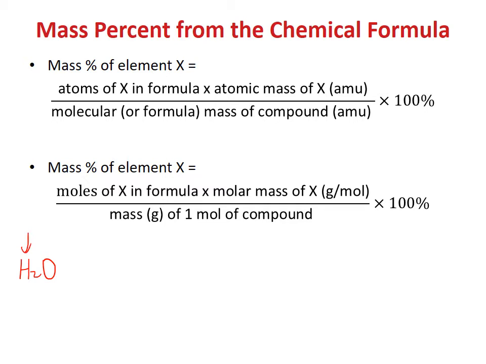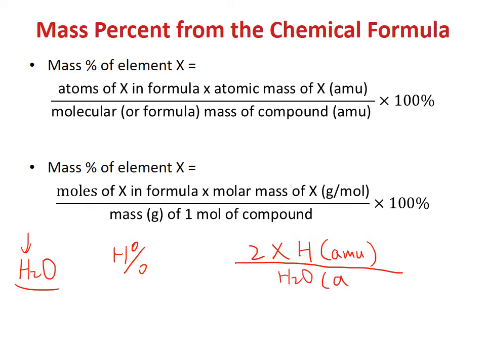To calculate hydrogen mass percent, we look at 1 molecule and we use 2 hydrogen atoms times the atomic mass of hydrogen, in atomic mass units, and then divide by the molecular mass of the compound water.